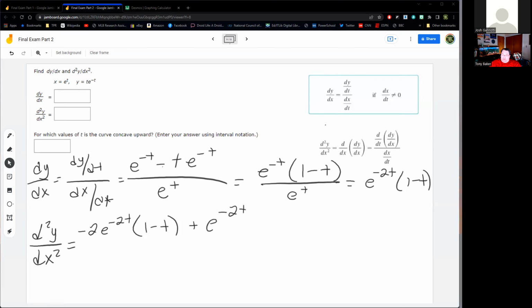And that's all over e to the t. So again, I can pull out my e to the negative 2t, and I'm left with negative 2 times 1 minus t plus 1, all over e to the t.